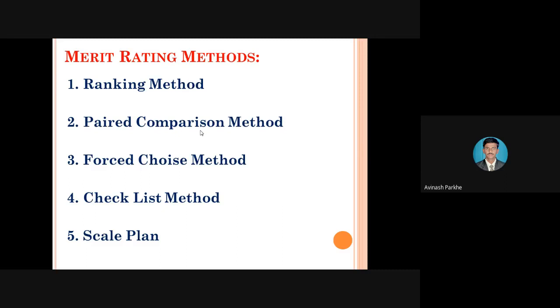Then the checklist method. In the case of a checklist method, some standard questionnaires are there, and those questions are asked by your supervisor or manager to the operator, who will give the answers, and based on their answers, the rating will be given.